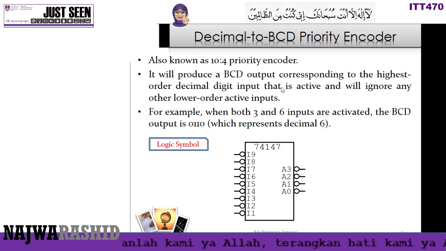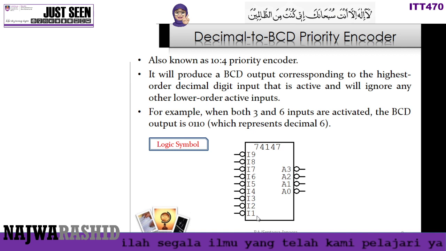It will ignore the lower order and correspond to the highest order decimal. So let's say you press number 3 and number 6, it will take 6 as the input value. So in the priority encoder, the logic symbol is like this one.